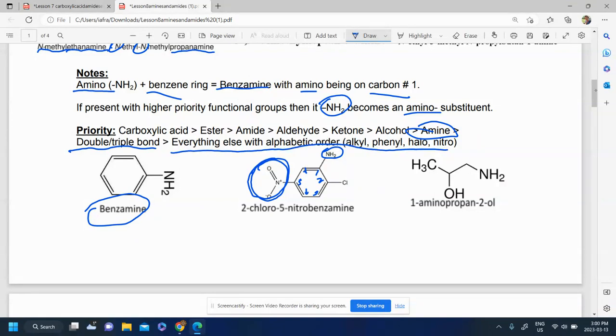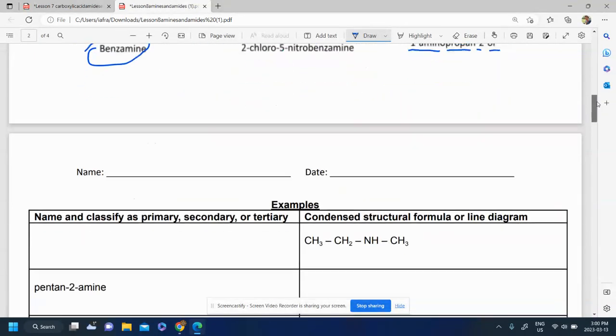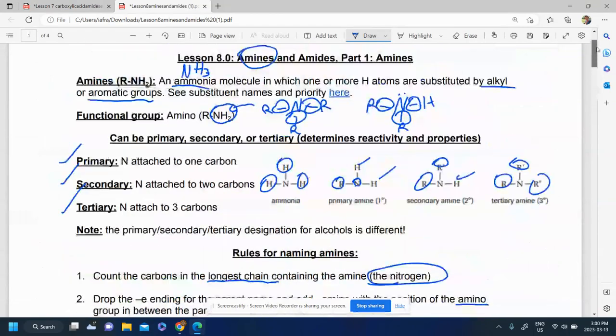And here we have an example of a situation where we have a 1, 2, 3 carbon chain, but our highest priority is actually the OH here. So this is an alcohol. And when you're naming that, you want to try to get the lowest number possible for the alcohol. You could start either direction, but this direction is the better one because you're getting a low number for both this and this as well. And so our substituent is the amino group. So you have 1-amino, and then propan-2-ol, because we're on carbon number 2, all because the OH is an alcohol group. So those are the general rules for naming amines.